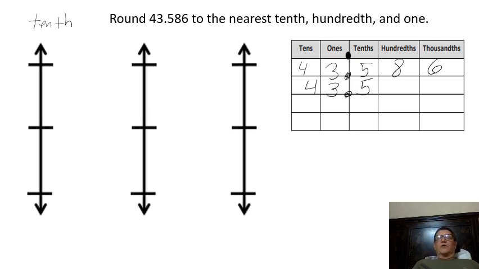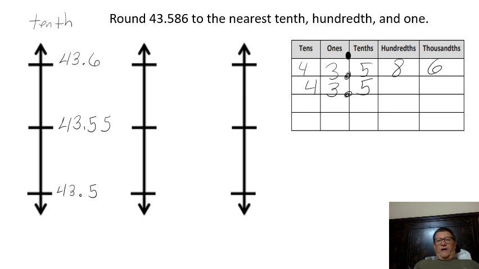So let's see how that works. So I know that 43 and 5/10 goes on bottom. Now I know coming up, I want one more tenth. So that's going to be 43 and 6/10. Now I know the center, I'm going to have 43 and 5/10, but I also need 5/100ths.